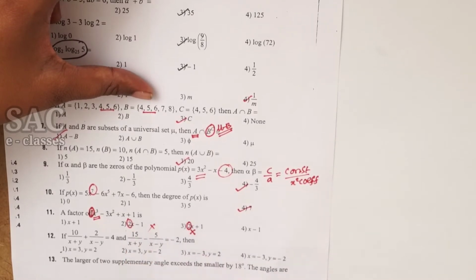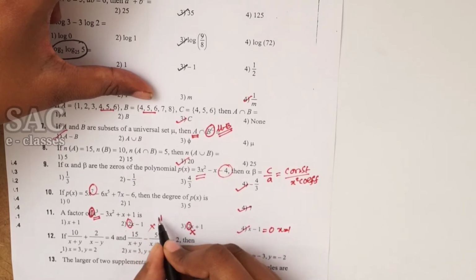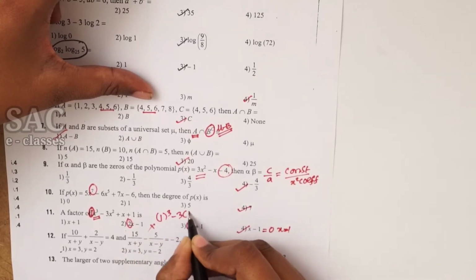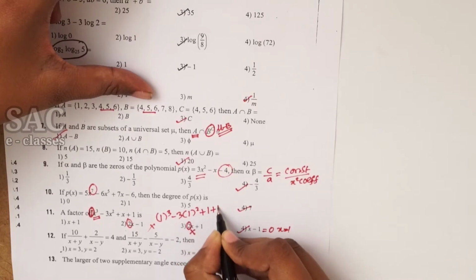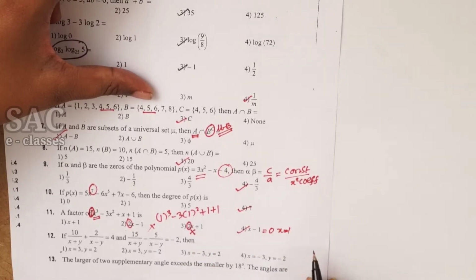So options 2 and 3 are wrong. Then option 4 is the correct one, because x minus 1 equal to 0 means x equal to 1. Then substitute it.